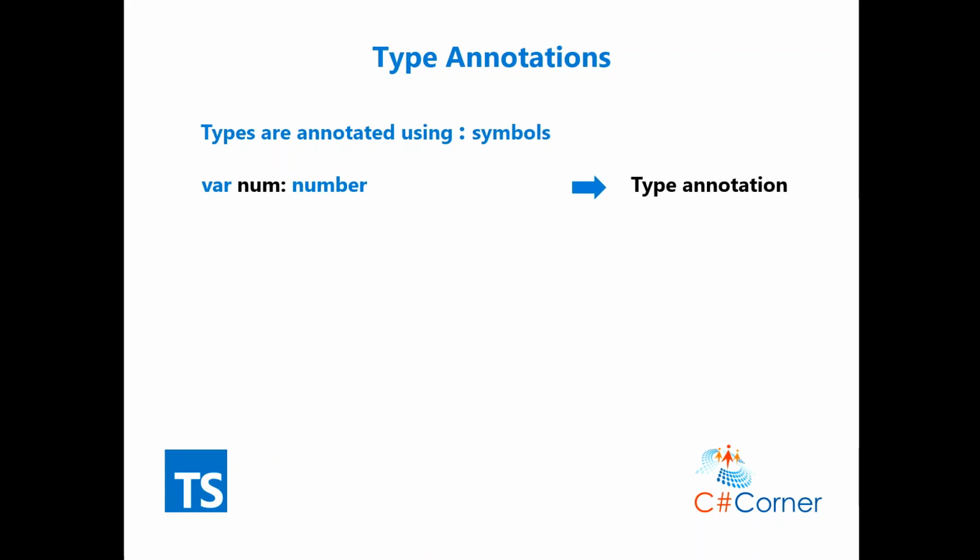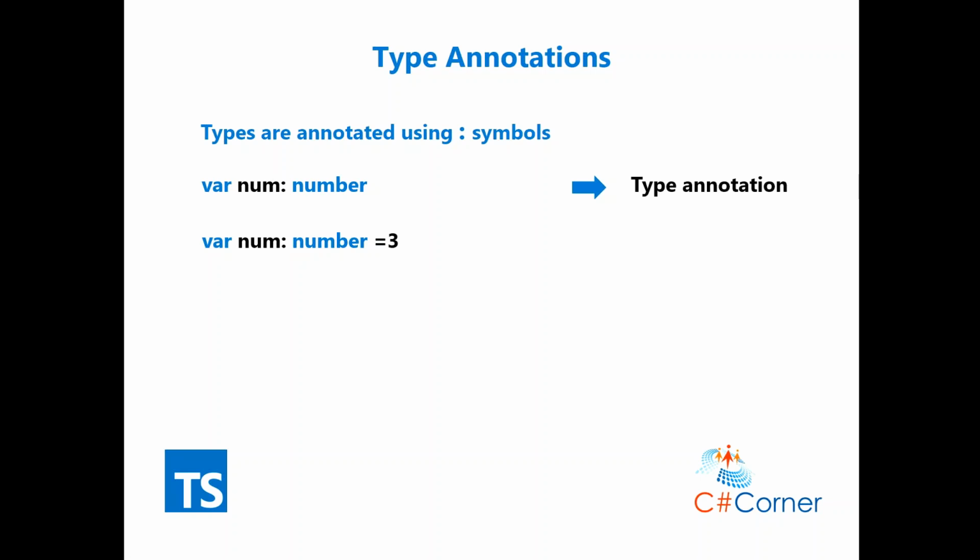Okay, so here everywhere I'm mentioning what type I'm going to have. See here also, I know what type of value I'm going to use. I'm declaring num as a number, so it should hold only the integer.